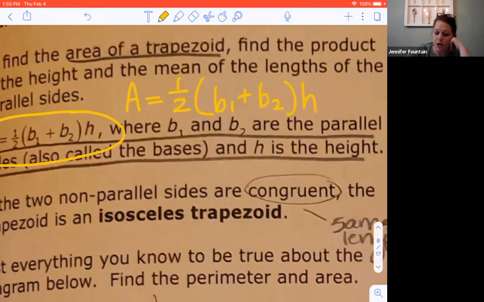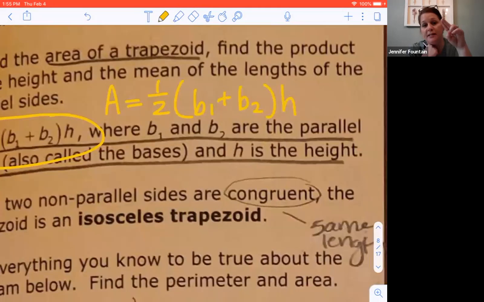Okay, so I have to add the length of my two bases together and multiply that by 1/2 and by the measurement of the height. So 1/2 times base 1 plus base 2 times the height.